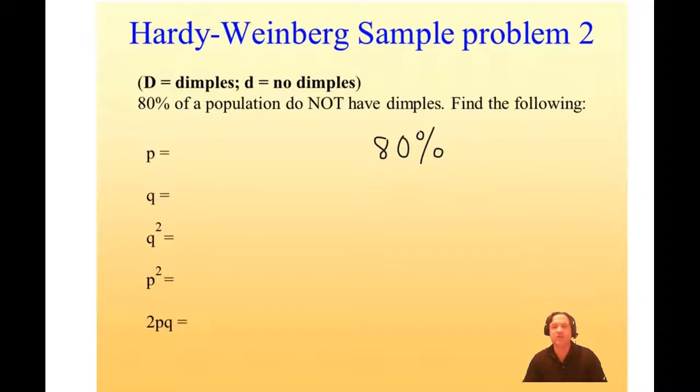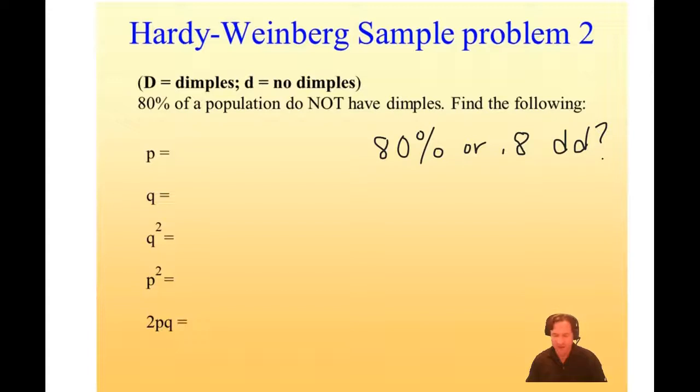So what does their genotype have to be to not have dimples? Since this is a recessive trait, the only way you do not have dimples is you got to have the genotype of little d little d. Now, which of our variables is the frequency of individuals who are homozygous recessive? If you said that's q squared, give yourself a pat on the back because you are correct.